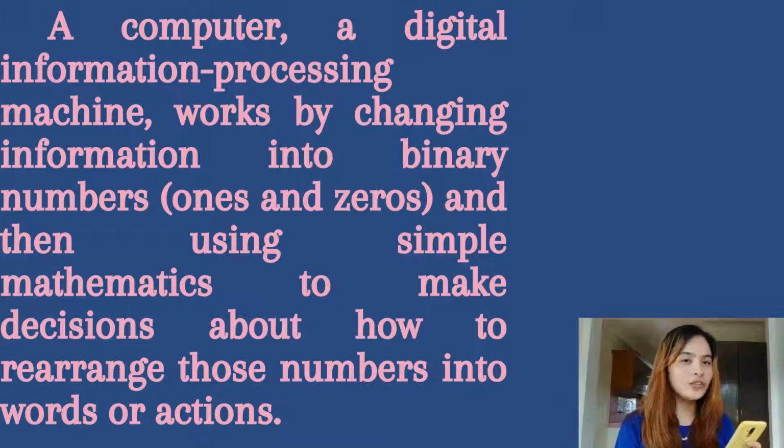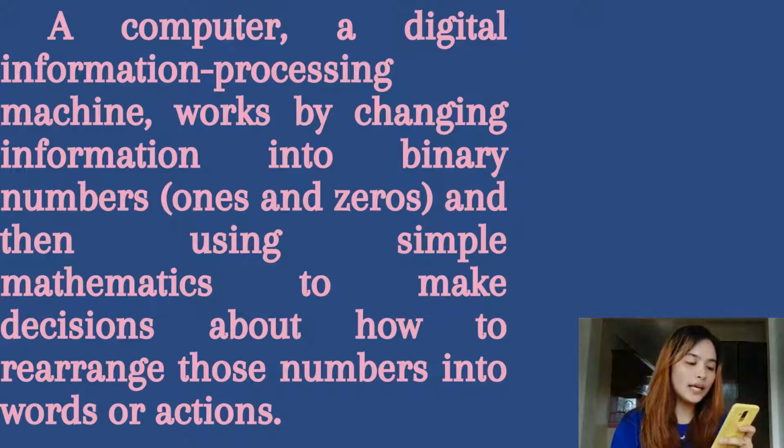So, good afternoon everyone. Our topic is all about how computers work. A computer, a digital information processing machine, works by changing information into binary numbers, ones and zeros, and then using simple mathematics to make decisions about how to rearrange those numbers into words or actions.